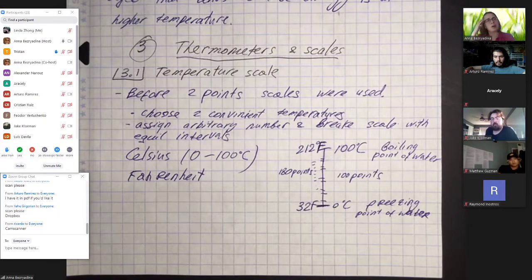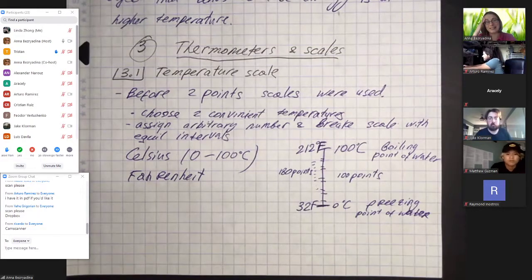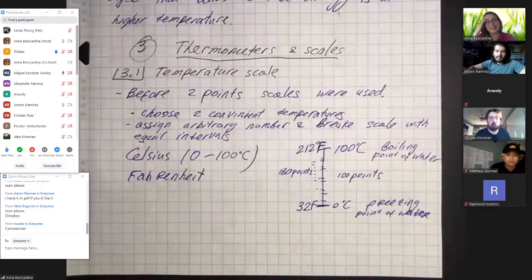And the temperature of the body right now, what is the normal temperature of the body? 98, 96? I forgot. 98 is the normal one. I'm used to Celsius, so correct me guys. 98. Okay.